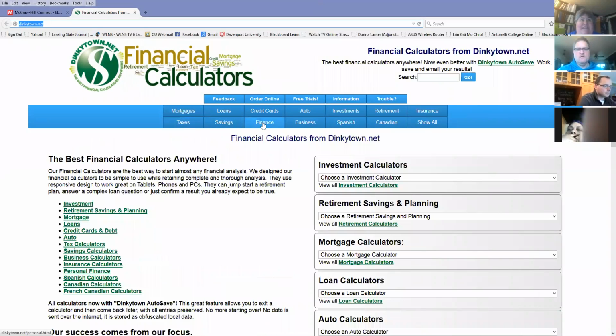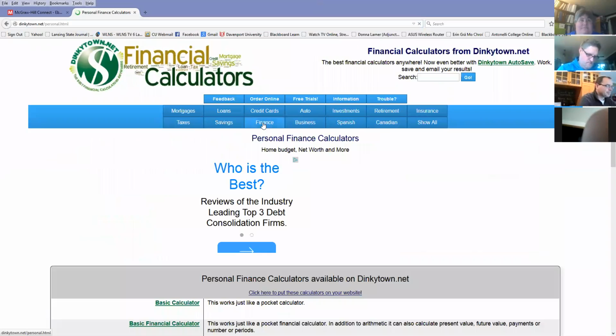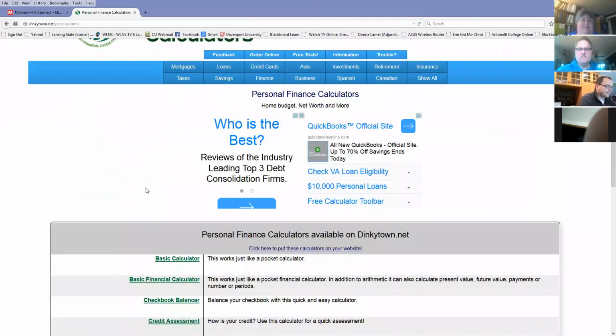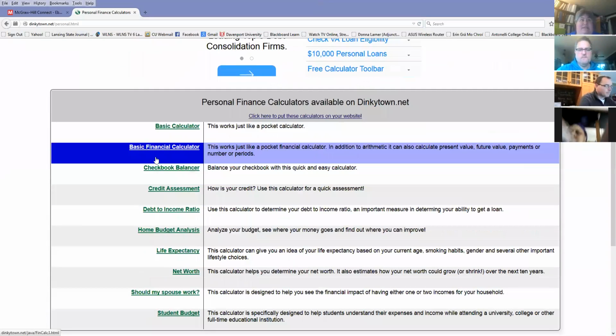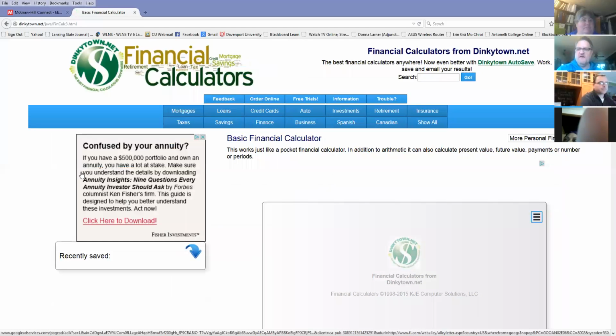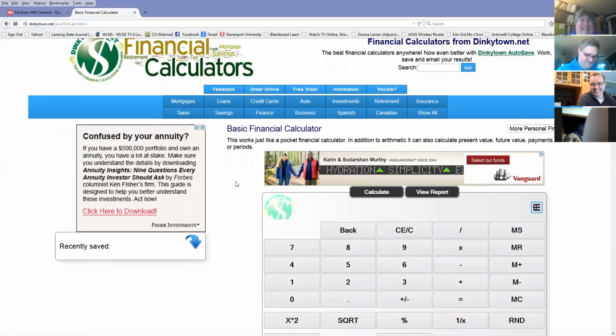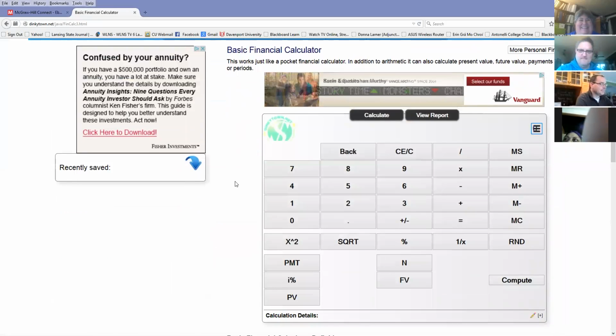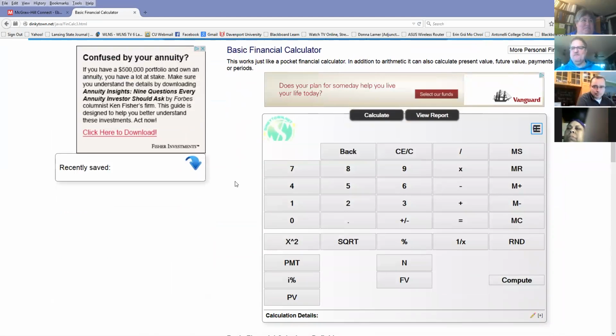I choose finance. That gives me a bunch of finance calculators. And the second one down is basic financial calculator. Then we can start putting in the information for our story problem.